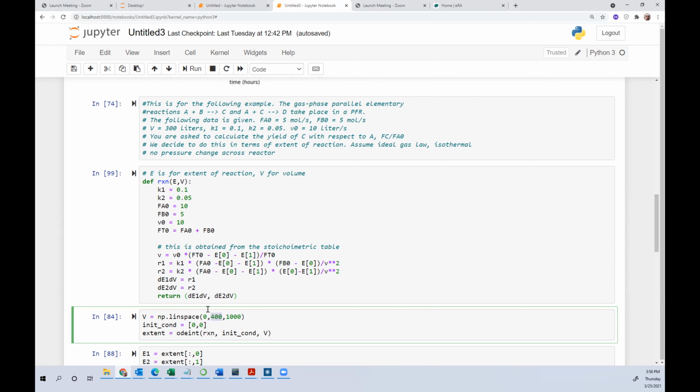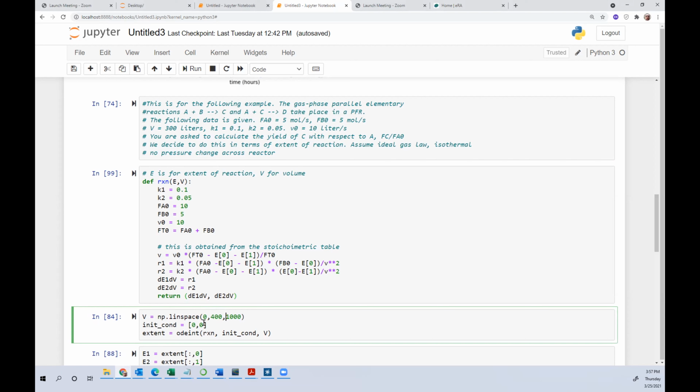Remember, we're looking at 300, but I made it go to 400 just to see the plot. And I'm telling it to use 1,000 data points. So the difference between arange and linspace is that in linspace, you tell it how many data points to use, and in arange you tell it what interval to use.